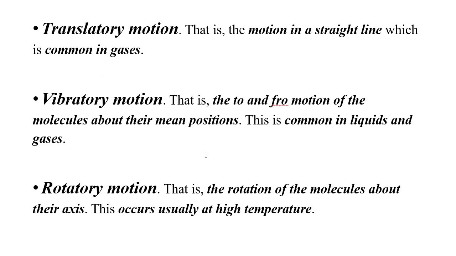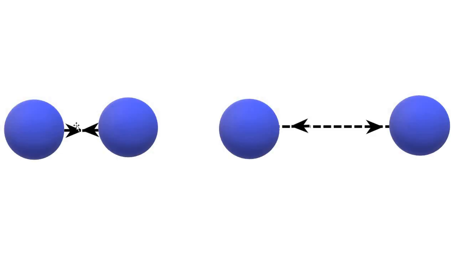Then we have the vibratory motion. So the vibratory motion is kind of simple harmonic motion, to and fro motion like this. So let's say this is the mean position, and from this mean position these molecules can move up to two extreme positions, extreme points.